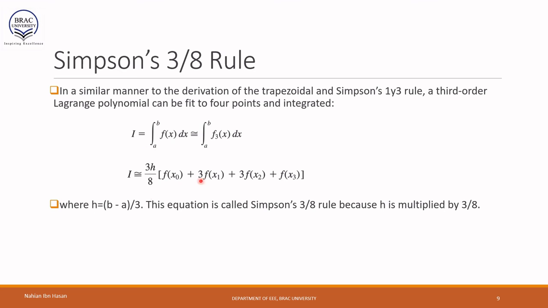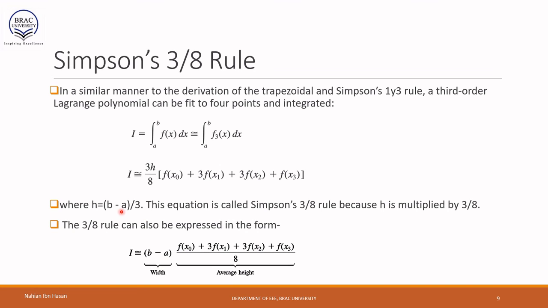We have the multiplicative factor 3/8, and we are dividing by 3 to calculate the value of h. In Simpson's 1/3 rule this was 2 because we were using a second order polynomial, but right now we are using a third order polynomial, and we need 4 data points, so we need 3 intermediate segments, and that's why we divide by 3.